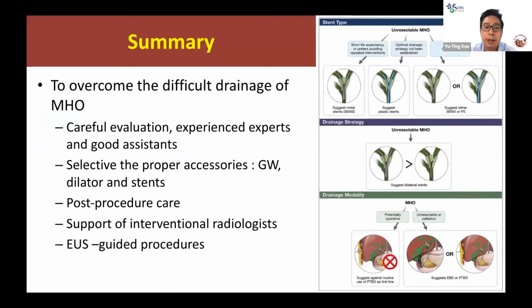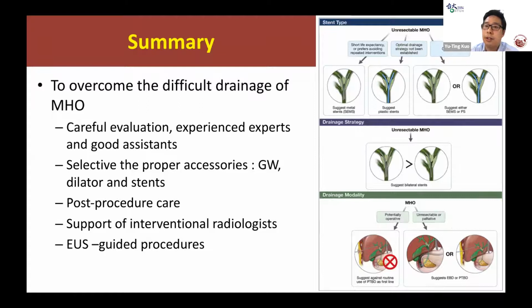So I want to summarize my talk today. Malignant hilar obstruction is sometimes very difficult because you will encounter very difficult parts. But recently, the guideline says that if you want to perform preoperative drainage, ERCP-guided biliary drainage is preferred.